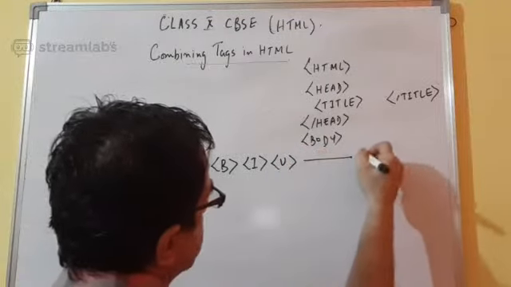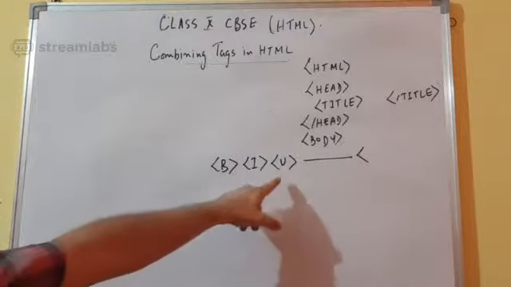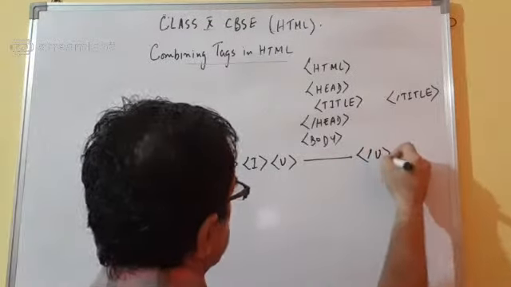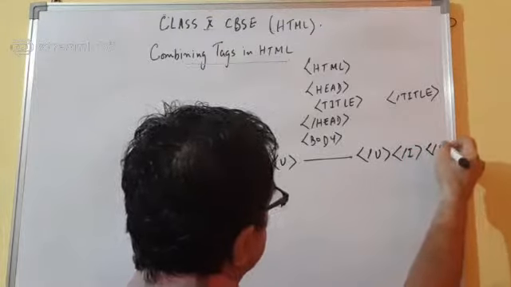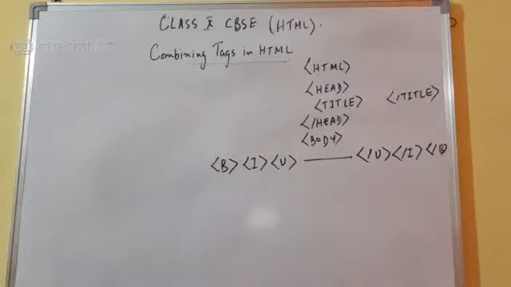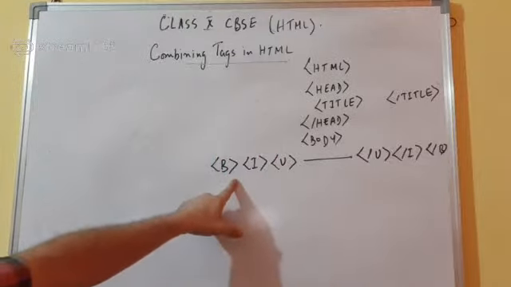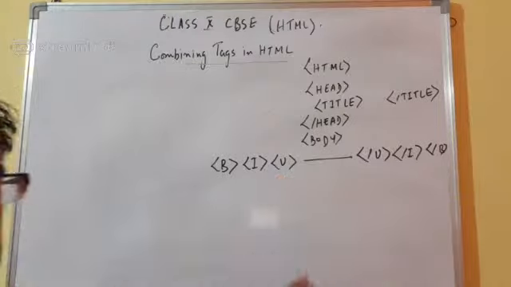I told you in my previous class that you need to close the innermost tag first, then the italics tag should be closed, and at the last the bold tag should be closed. But we have definitely got a new option in the new version of HTML which allows you to combine tags without mentioning each and every separate closure for each of the opening tags.